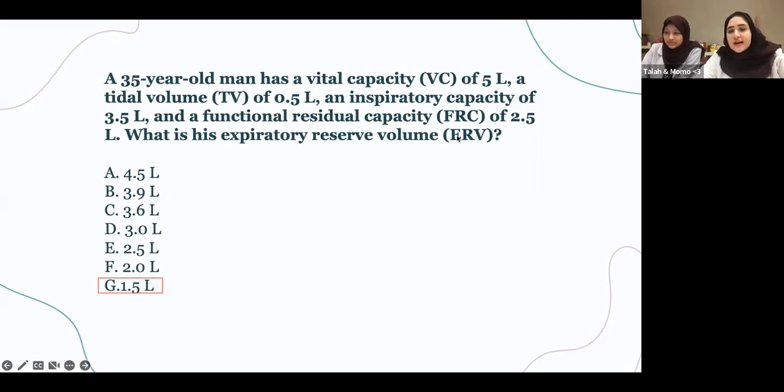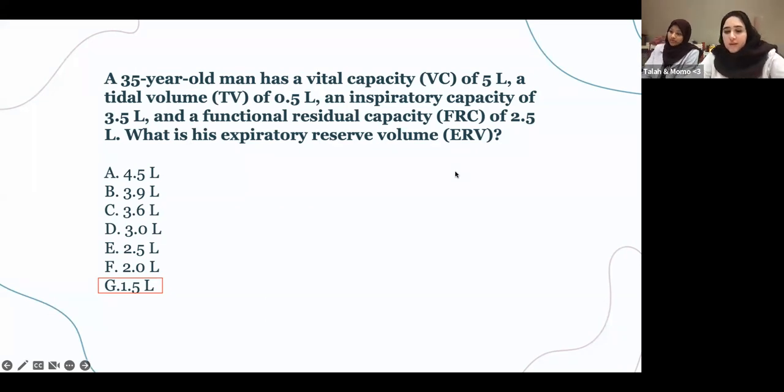To get the expiratory reserve volume, we have to look at which of those values, if we add expiratory reserve volume to another value, will give us a third value that we have in here, because you have 4 values.